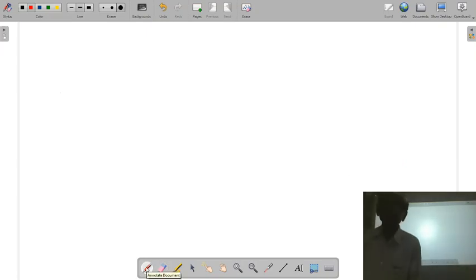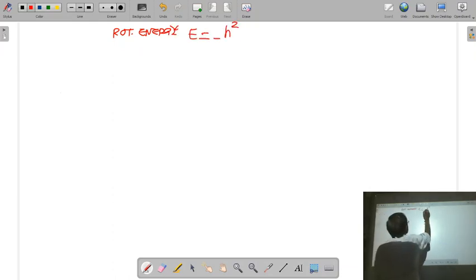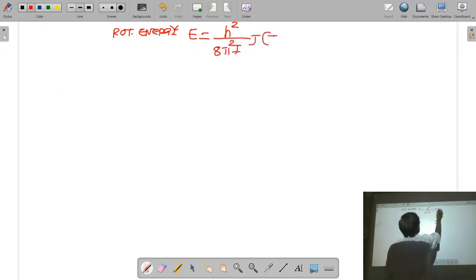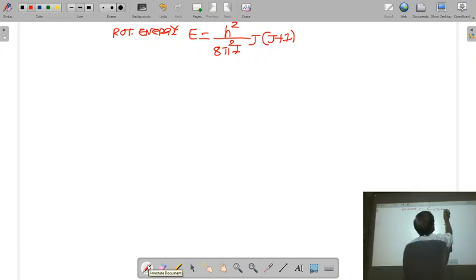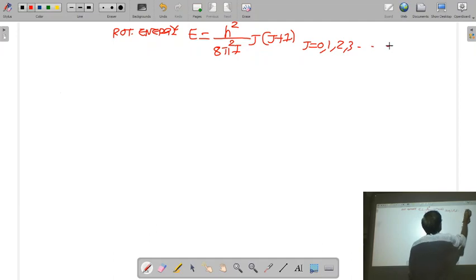You know very well that the rotational energy of the molecule is h square upon 8 pi square I into J plus 1, where J is the rotational quantum number 0, 1, 2, 3 and so on.